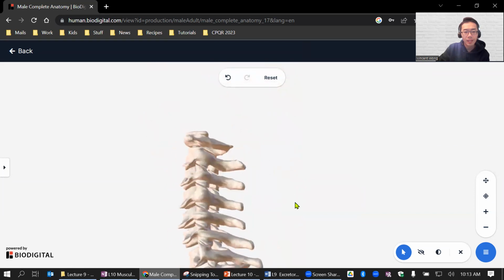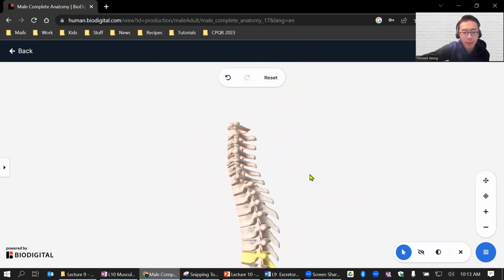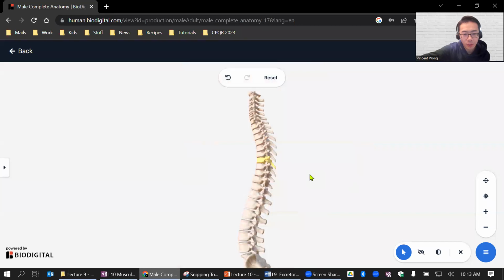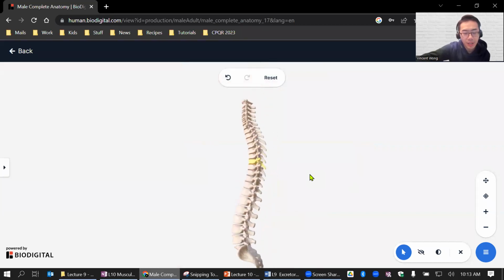So the vertebral column, the backbone, essentially has different sections. We have the ones in the neck. There are 7 of these bones. We call them cervical bones. We have 12 in the chest area, at the back, of course, right?